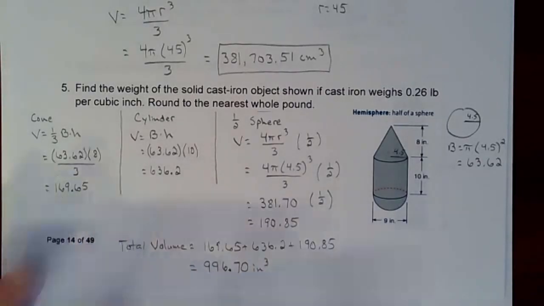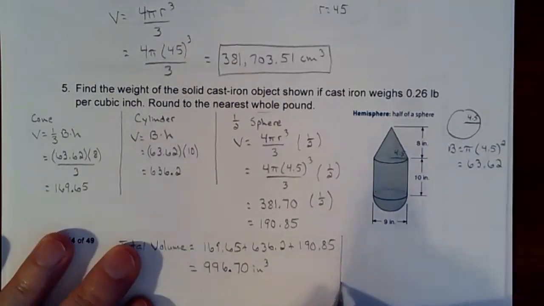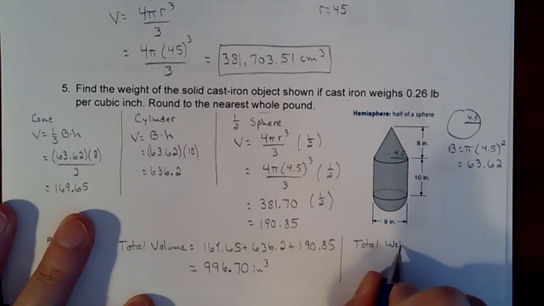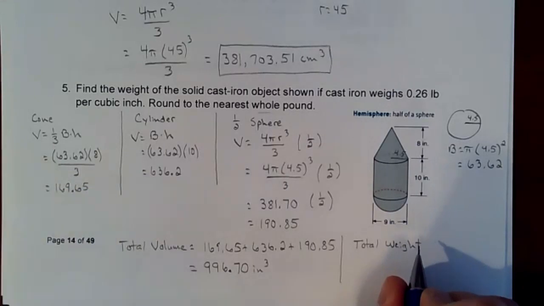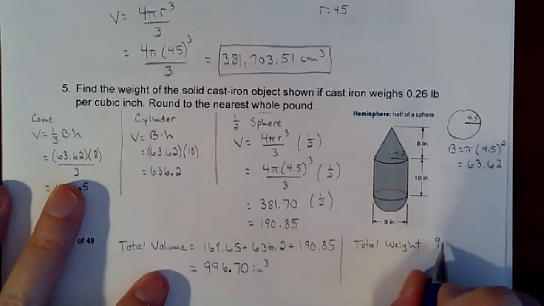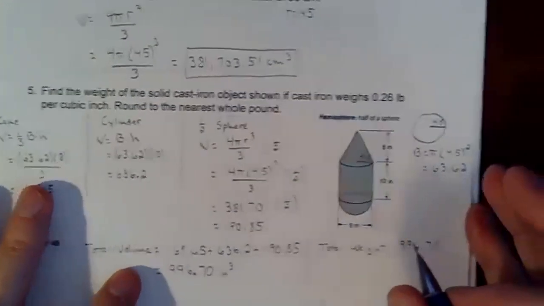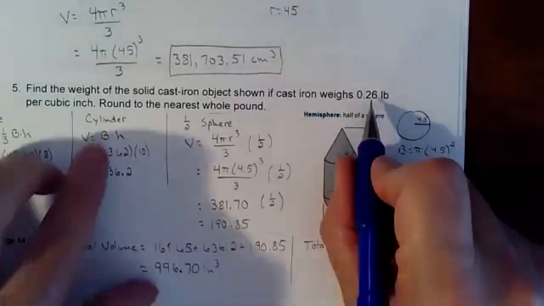Almost done though, because there's a weight associated with this. So we're building them, maybe we're shipping them. We need to know how many we have, what the weight of each thing is, so what the total weight might be. Your total volume is this. Your total weight is going to be 996.7 times your 0.26 pounds per cubic inch.